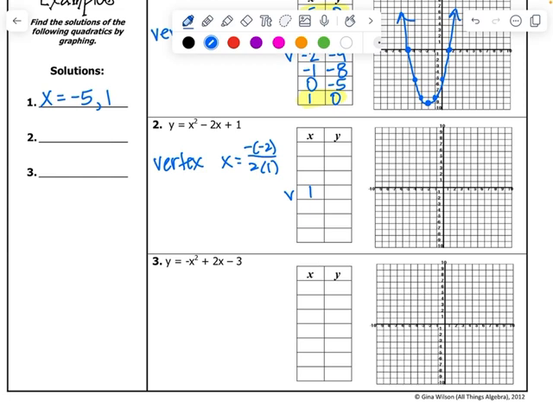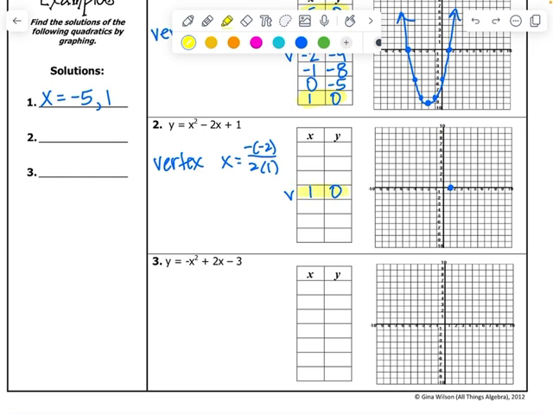When we get 1 squared minus 2 times 1 plus 1, we get 0. Okay, so let's think about this. This is our vertex. We know our graph is opening up because a is positive. Okay, our vertex is sitting on the x-axis.